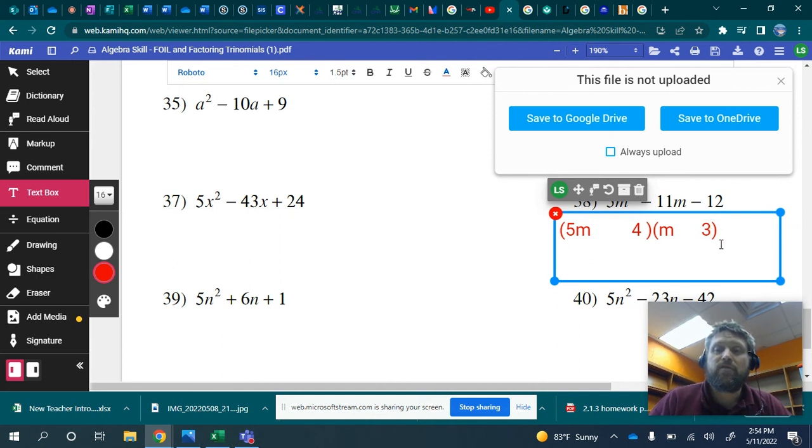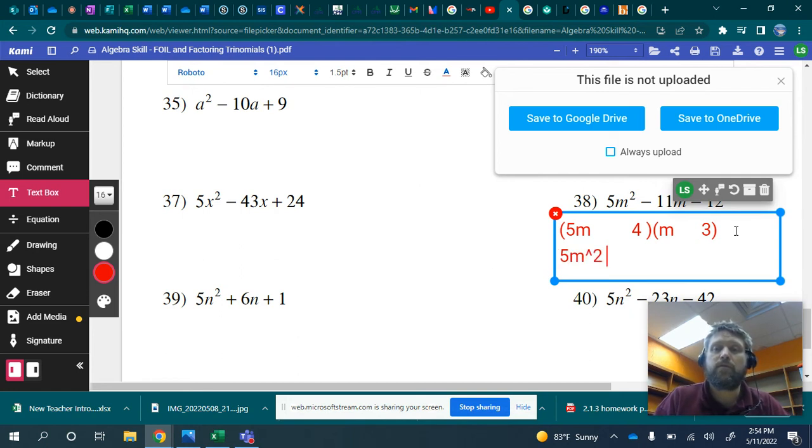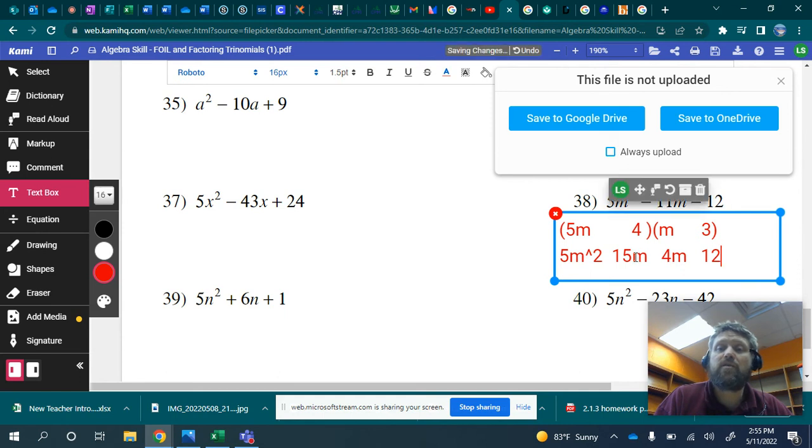So to figure out what your signs are supposed to be, I could do it like this. I've got 5m squared. I'm not going to put a plus or minus right now. All right, my outside is 15m, that is 4m, and the last one is 12. Okay. I'm going to get negative 11m. How do I do that with the 15 and the 4?